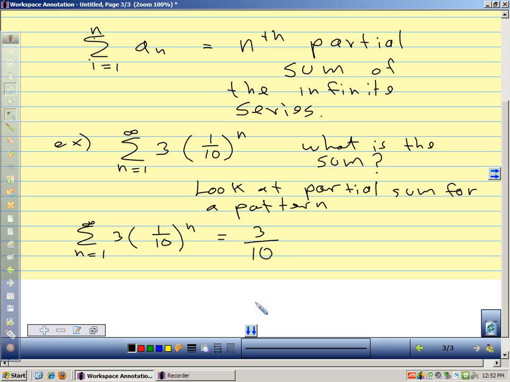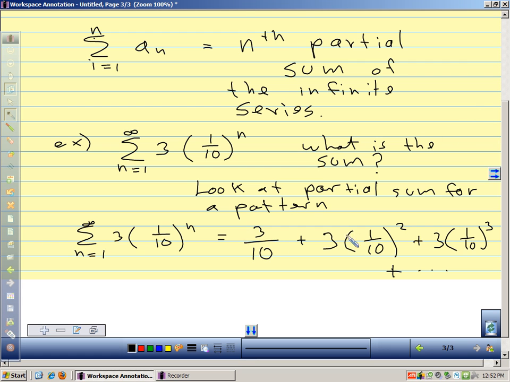So that would be my first partial sum. My second partial sum, we're going to add 3 times 1/10 squared. And my third term would be 3 times 1/10 to the third. And we just keep adding these fractions.